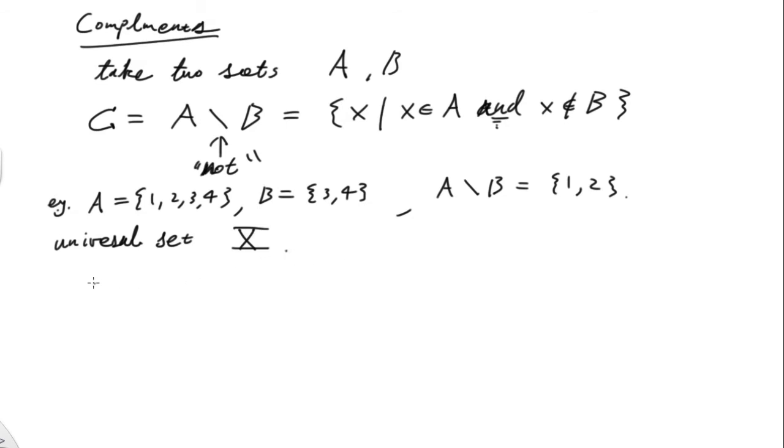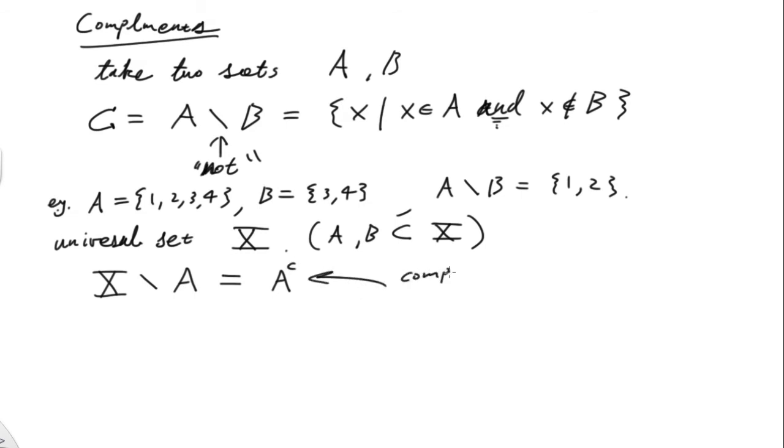If I have a universal set X, and A and B are both subsets of our universal set, I'm going to give this a special notation called A C, and that means the complement of A with respect to X, our universal set, the set that A and B are always subsets of.